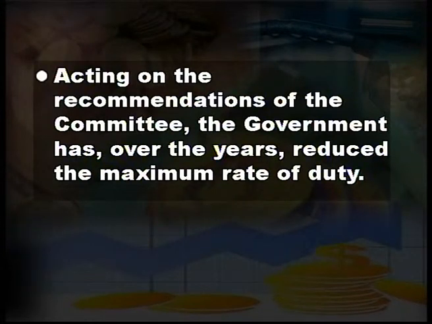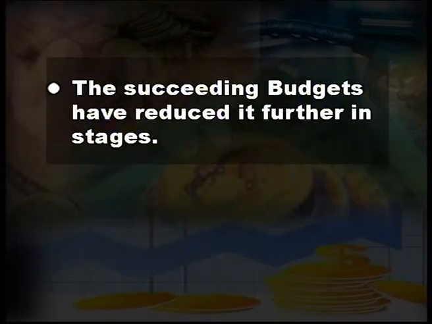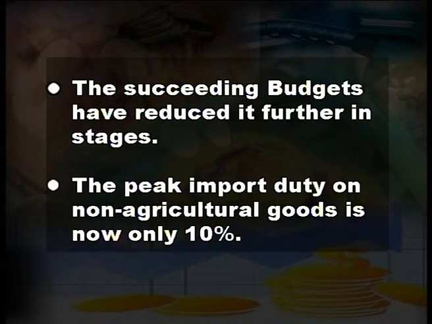Acting on the recommendation of the committee, the government has over the years reduced the maximum rate of duty. In 1993-94, budget had reduced it from 110% to 85%. The succeeding budgets have reduced it further in stages. The peak import duty on non-agricultural goods is now only 10%.